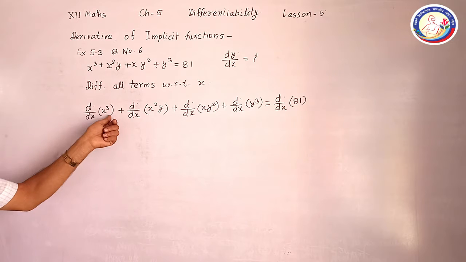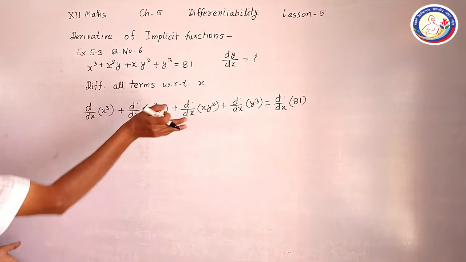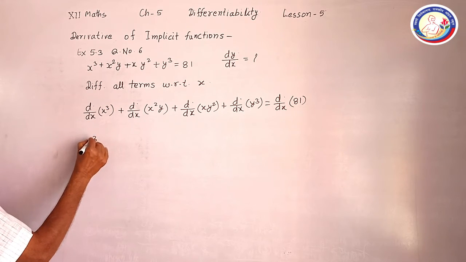Now this contains only x, so it is simple as usual. The derivative of this will be 3x square.